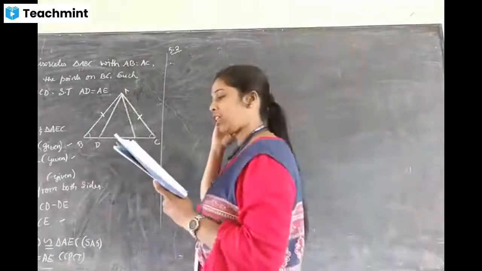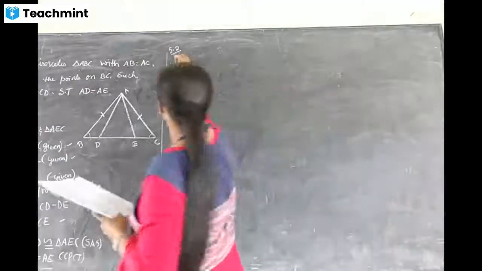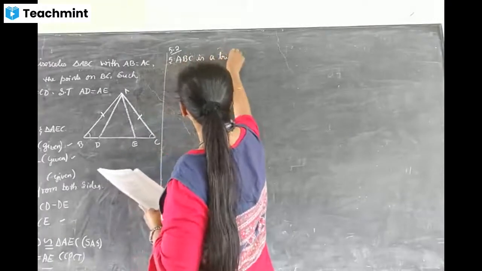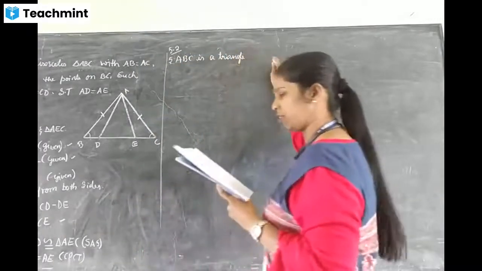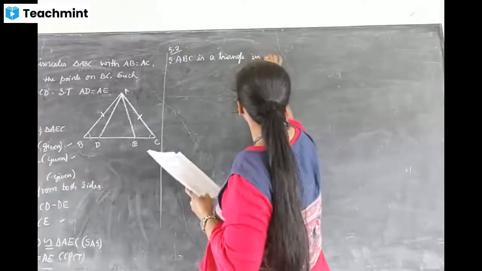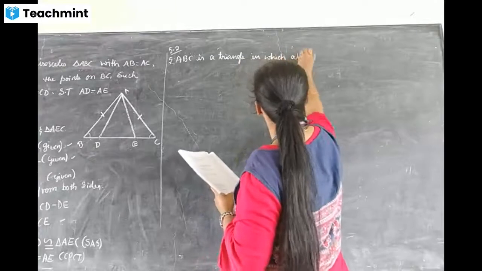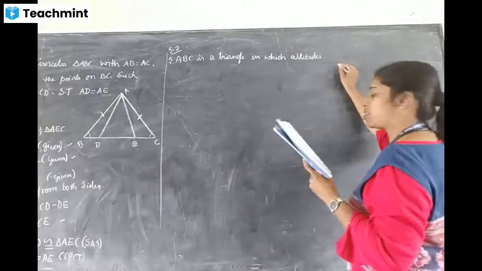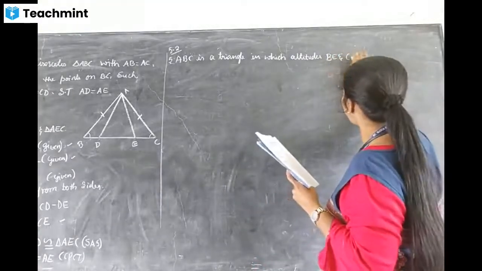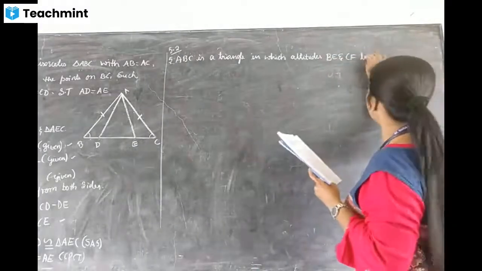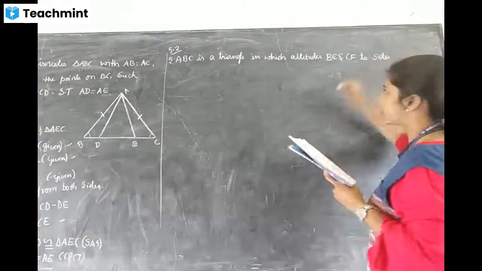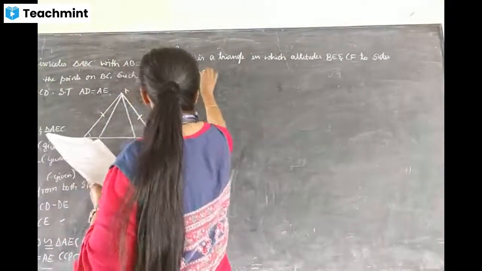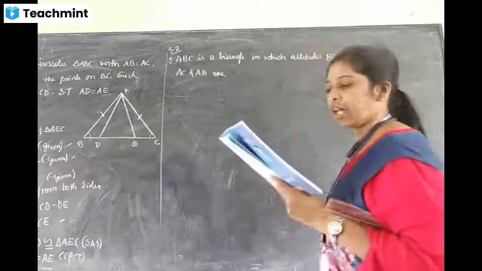ABC is a triangle in which altitudes BE and CF to the two sides AC and AB are equal.